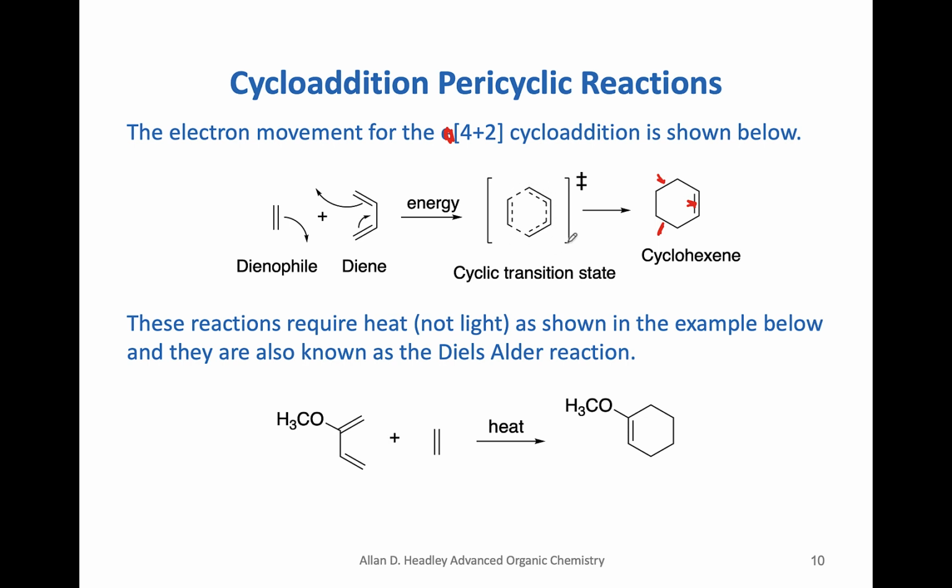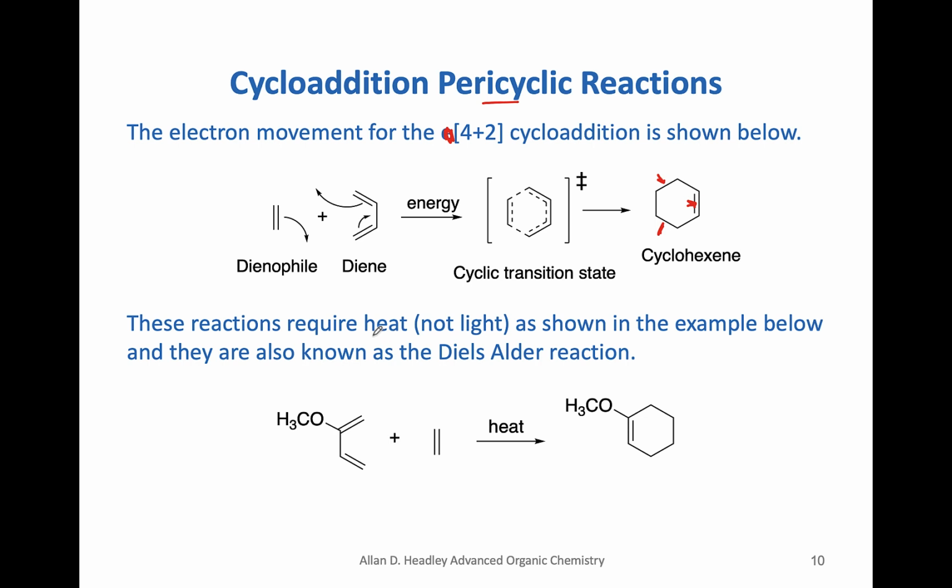Notice this cyclic transition state has 6 electrons, 2, 4, 6. So it's fairly stable based on Huckel's rule. So this is the explanation, or brief electron movement, to explain the 4 plus 2 cycloaddition pericyclic reaction.